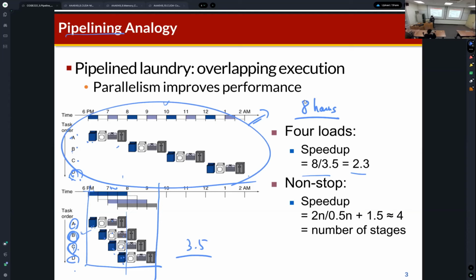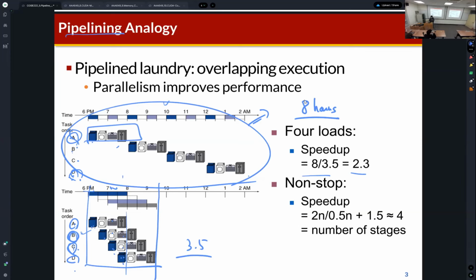This is similar to the single cycle processor architecture. So this is the instruction, and task A, B, C, D is similar to the instructions given to the processor.